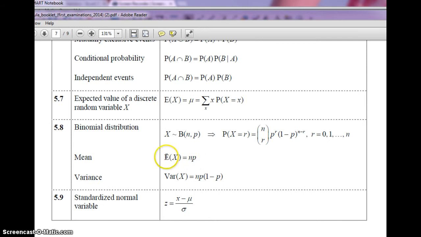So when we say expectation for discrete random variables, we're also saying mean, same thing. Expected value of a discrete random variable, this is for when you have more than one. We're going to add up those different probabilities, and we're about to do an example with that right now. So 5.7 in your formula packet, and also here in 5.8, we're starting to talk about this mean expected outcome.